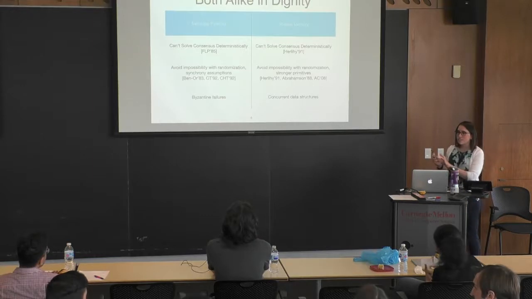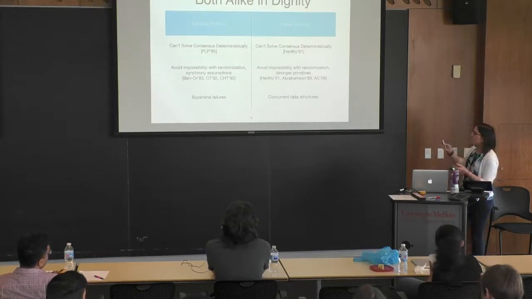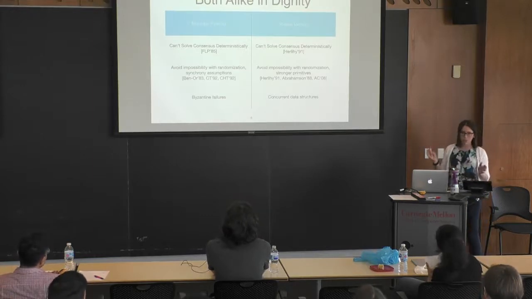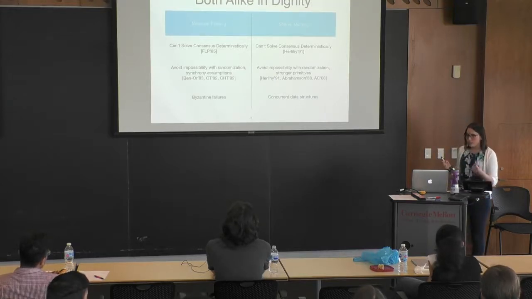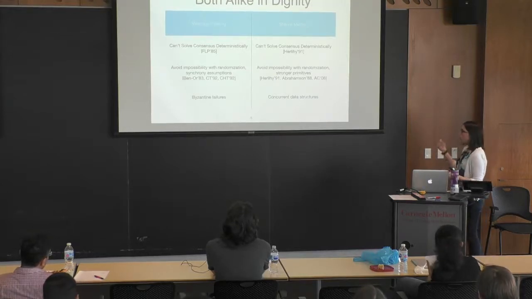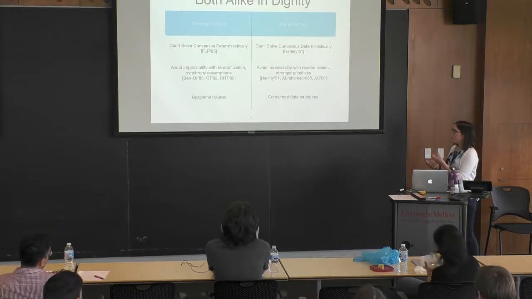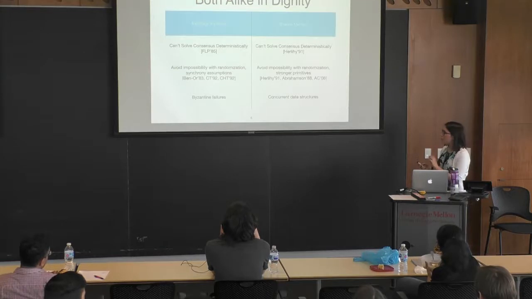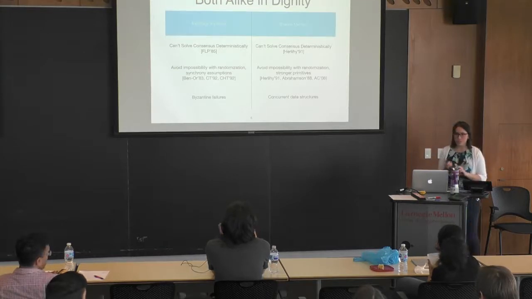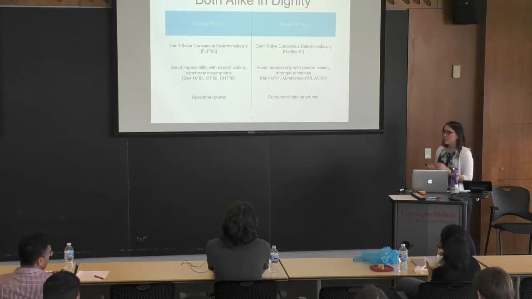But consensus is too important to just give up and say, oh, there's an impossibility result, so I won't do it. And so in both the message passing model and the shared memory model, there have been results that circumvent the impossibility by either adding randomization to your algorithm or, in the message passing case, adding some synchrony assumptions to your network.